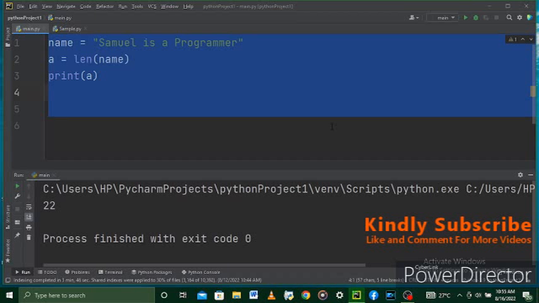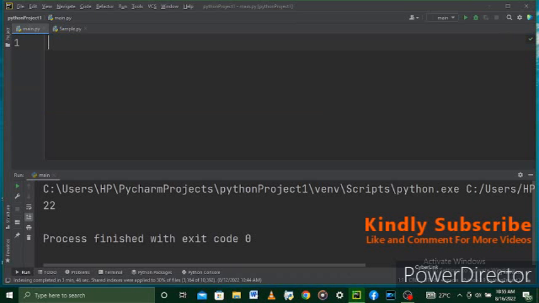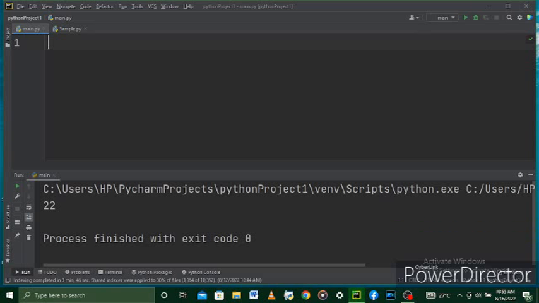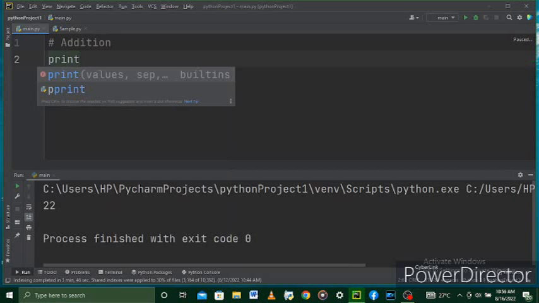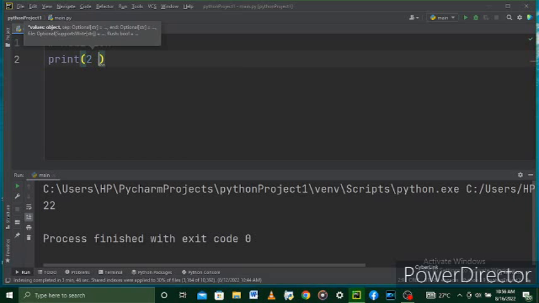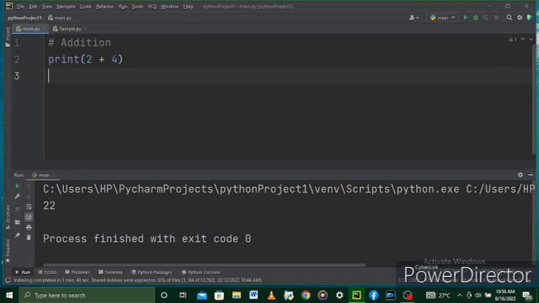All right, the first one is the addition. Second one is subtraction.